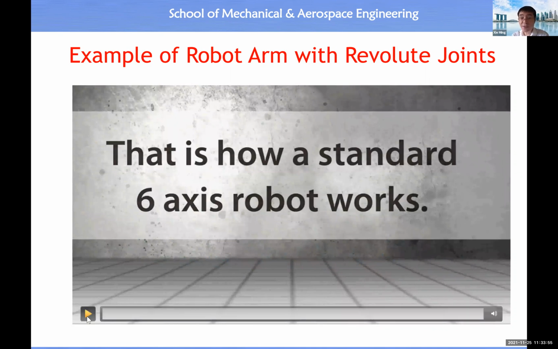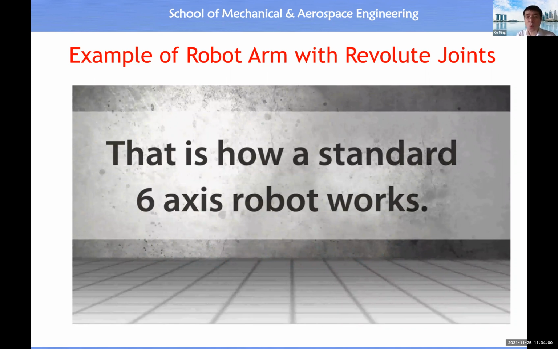This is a very good video which gives you a very good overview about the design requirement of a new robot. In case you will be engaged in a design project to design a new robot, this video basically shows you the design requirement.